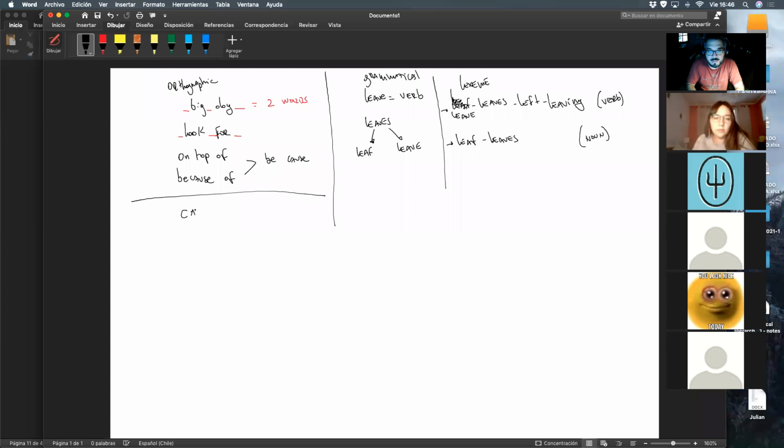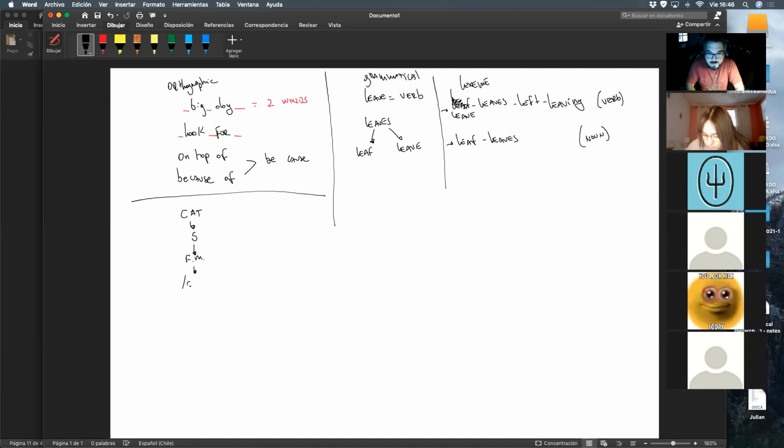Okay, let's analyze the word cat. Cat is a lexeme, right? It represents an entity, therefore is a noun. Cat is a simple lexeme made up of one single free morpheme.